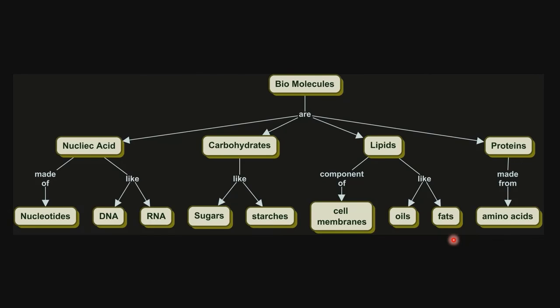So the difference between fats and oils is that fat is actually solid at room temperature while oils are actually liquid at room temperature. And another one is protein. Protein is made from the different amino acids, and an example of protein are, of course, the enzymes in our body that are used to catalyze the different molecular and chemical processes in our body.